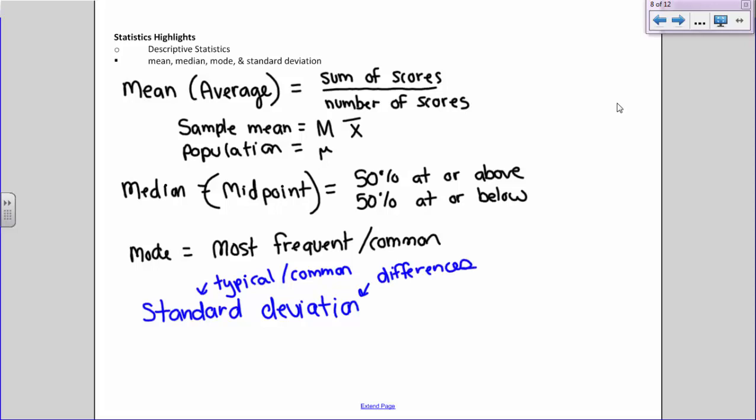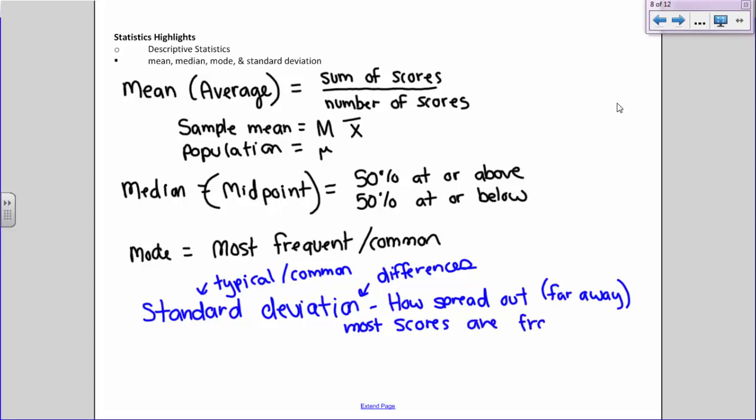Okay? So the standard deviation tells you the typical difference between scores and the mean. So how spread out or how far away most scores are from the mean.